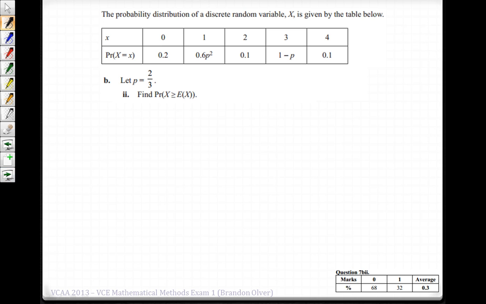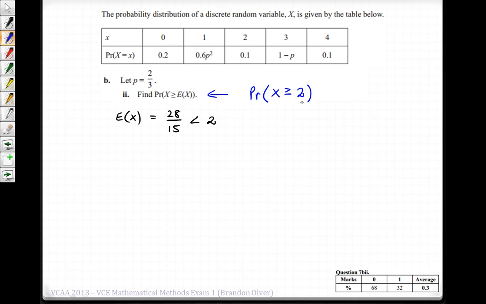So then the second part of B says find the probability that x is greater than E of x. So previously we said that the expected value of x equals 28 on 15, which is, if we think about it, just a fraction smaller than 2. So that's smaller than 2. So therefore we can rewrite this as being the same as the probability that x is greater than or equal to 2 for the discrete random variable.